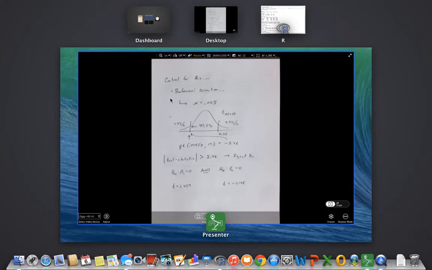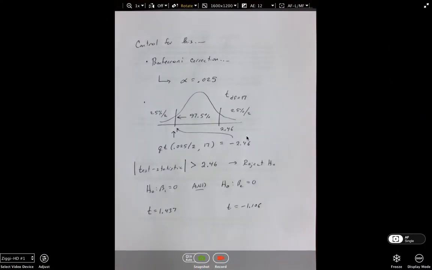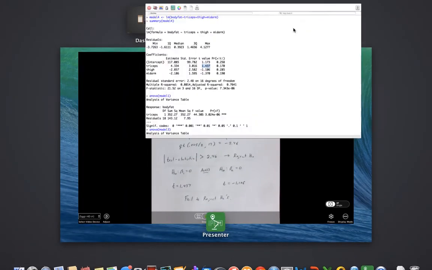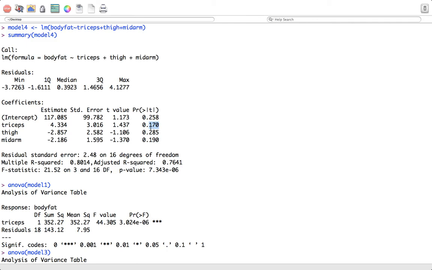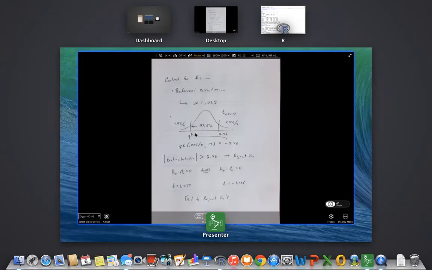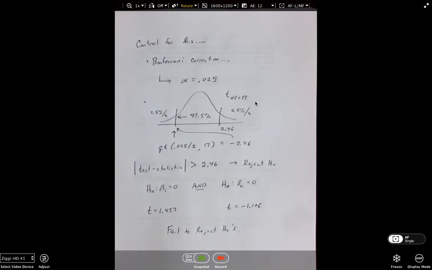Now, the thing to keep in mind here is neither of these in absolute value is greater than 2.46. So we fail to reject H sub 0: beta 1 equals 0 and beta 2 equals 0. The easy way of doing that is to just look at the p-values, and obviously neither one of those is less than 0.05.